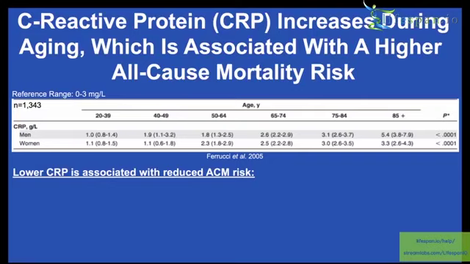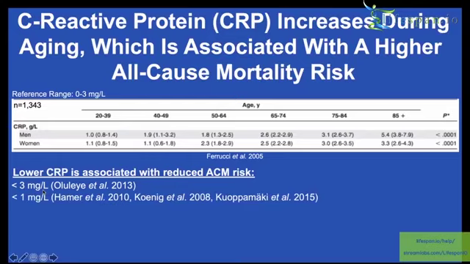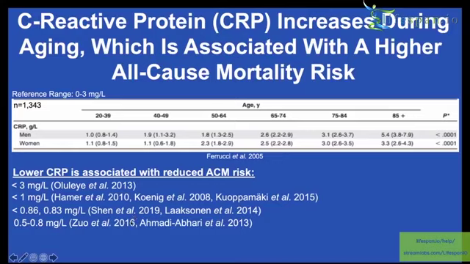So let's have a look at some of that data. Lower CRP, lower than 3, is associated with a lower all-cause mortality risk. Can we go lower? So in 3 studies, less than 1 milligram per liter was associated with reduced all-cause mortality risk, ACM risk. How about lower than that? Well, in these 2 studies, 0.86 and 0.83 milligrams per liter. And we can go even further.